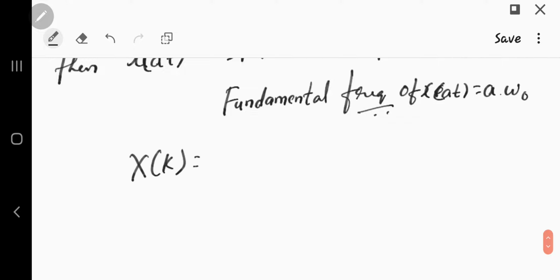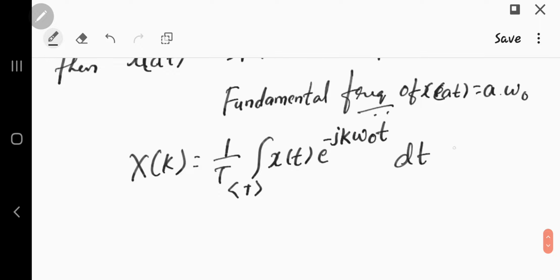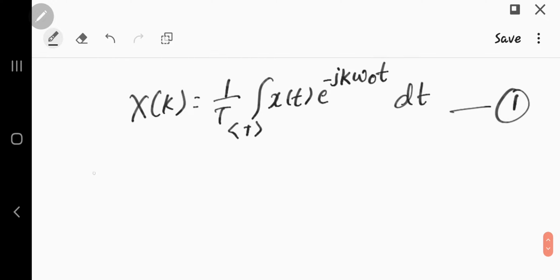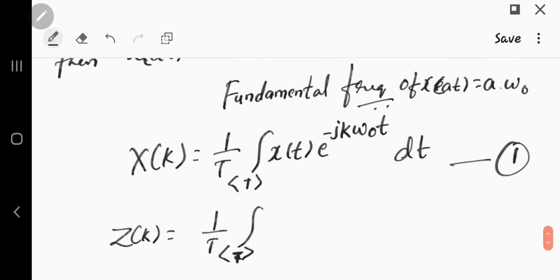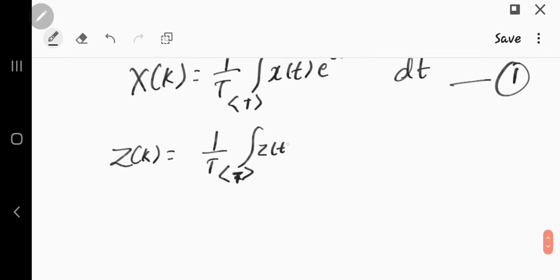So x of k is equal to 1 by t integral of x of t e power minus j k omega naught t dt. Call this equation 1. Next, what is z of k? Z of k is the integral of z of t e power minus j k omega naught t dt.